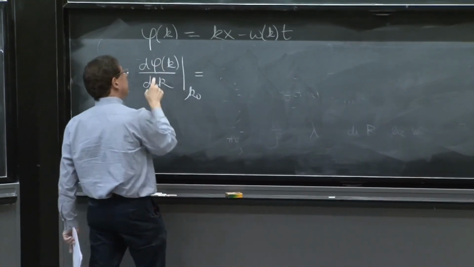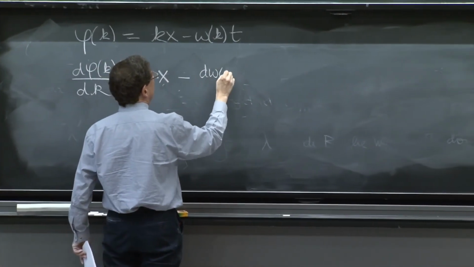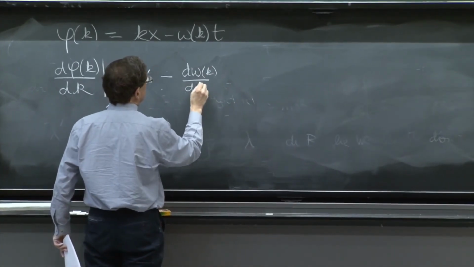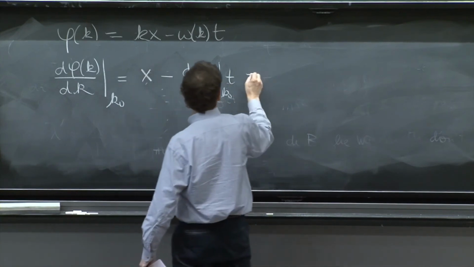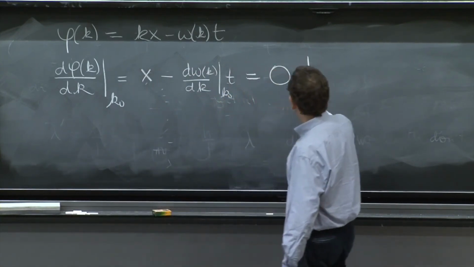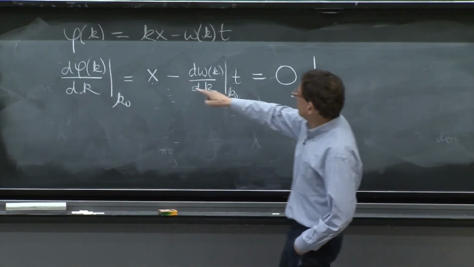So the derivative with respect to k is x minus d omega dk at k naught times t, and it must be 0. Stationary phase. The phase has a stationary point. And look what you get. It says there that you only get a contribution if this is the case.